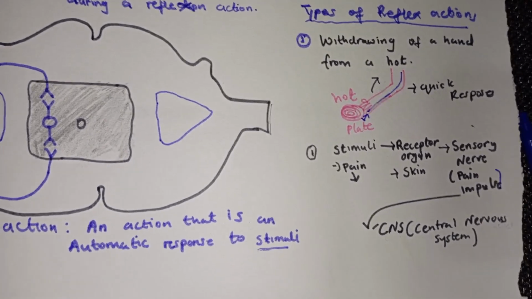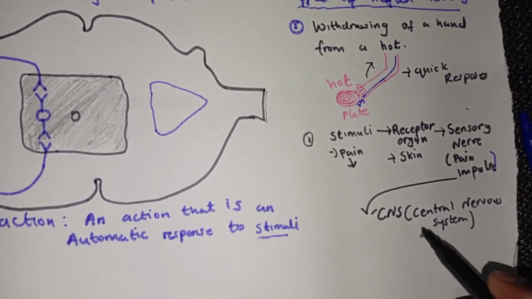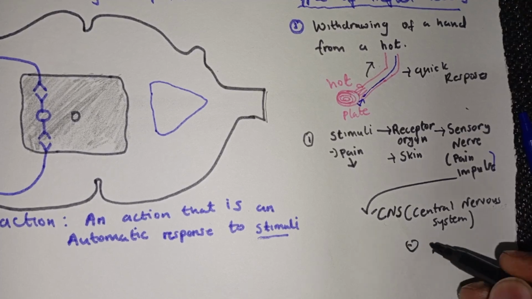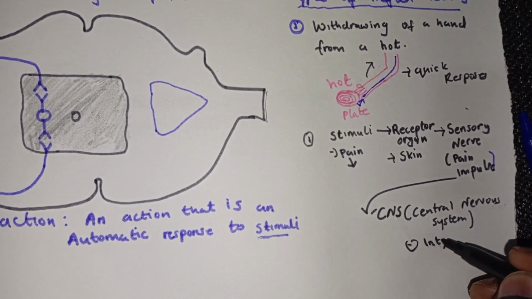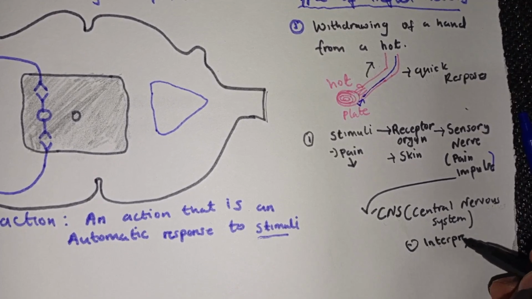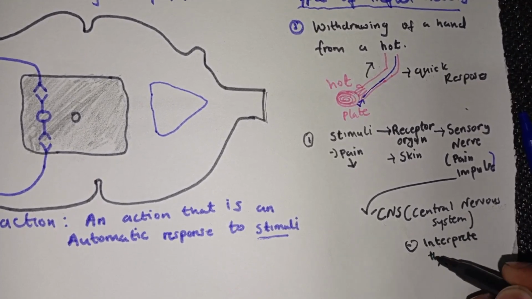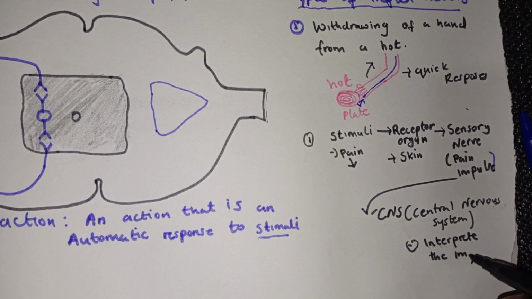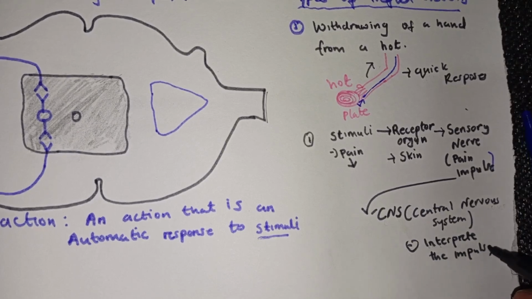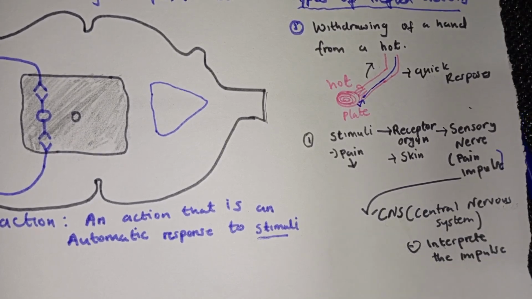Now, what does the central nervous system do? Its job is to interpret the impulse that it receives.